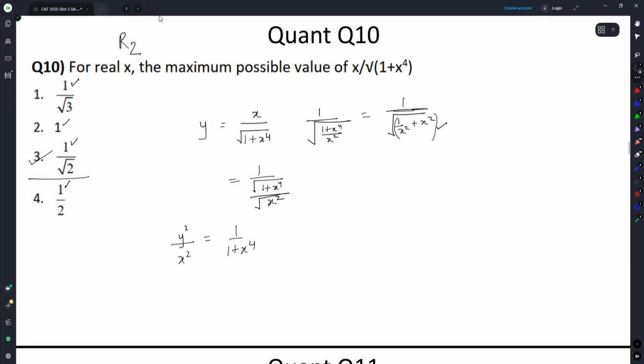After this, the best I can think of is taking x square as t. So we end up with y square t square minus t plus y square is equal to 0.